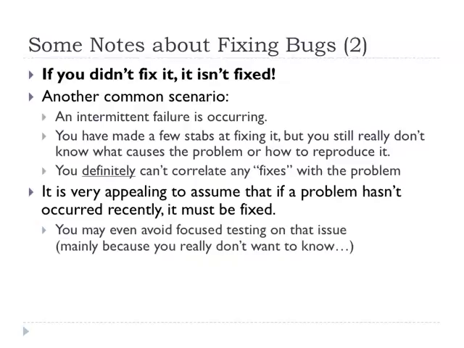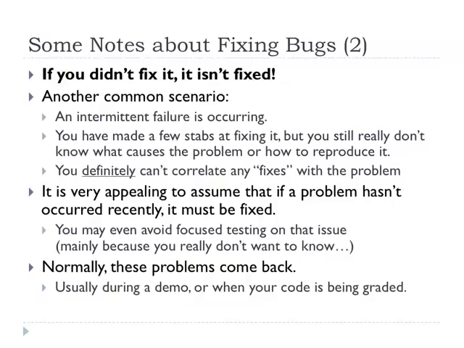So let's say that it stops occurring after a while. It is appealing to assume I must have fixed it. That's like saying, I'm a pretty good programmer, and everybody likes to think that. You may even want to avoid testing it because you think, I just don't want to know. If I don't know, then it's not there, right? It's like Schrodinger's cat. If I don't force the wave function of the bug, it doesn't exist. So these problems almost always come back.